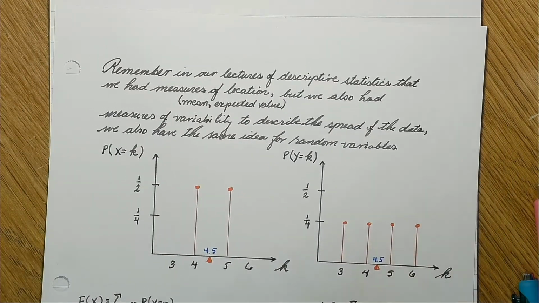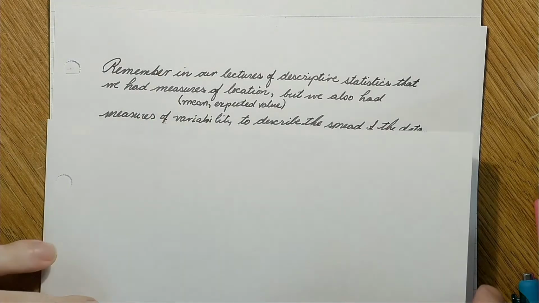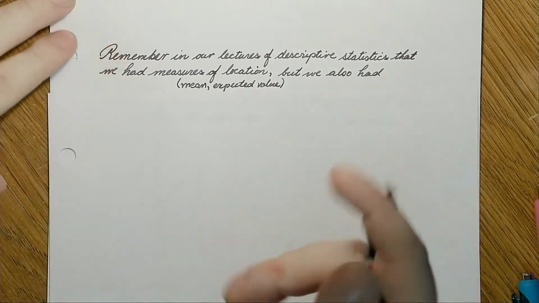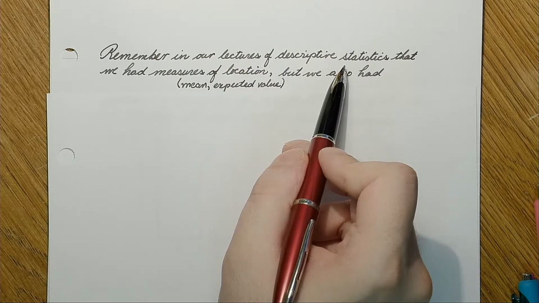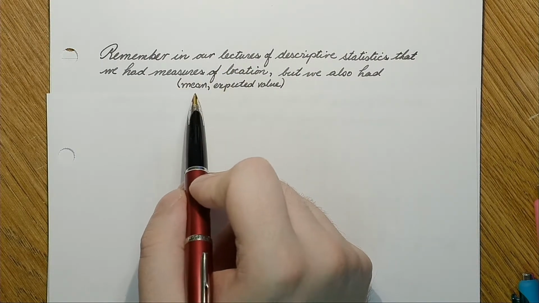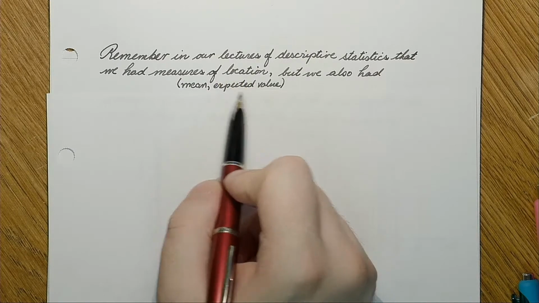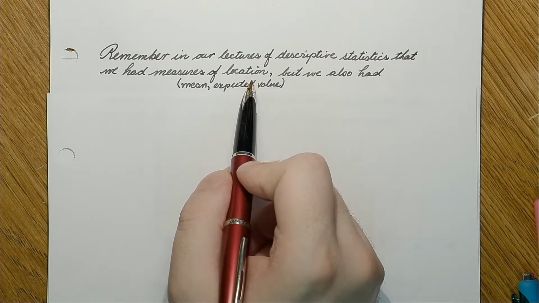Okay, so we've talked about expected value, which is a measure of location. Remember from our lectures on descriptive statistics that we had measures of location, like the mean, or we can think of the expected value as a measure of location.